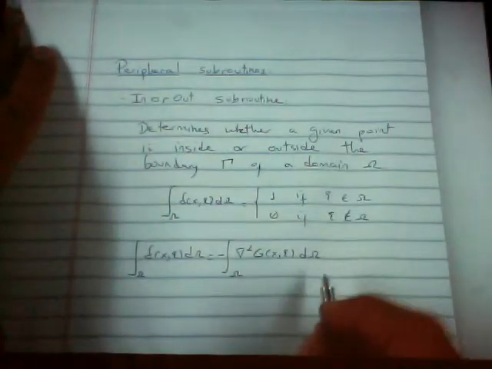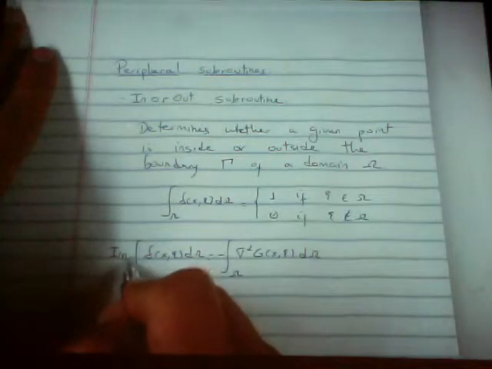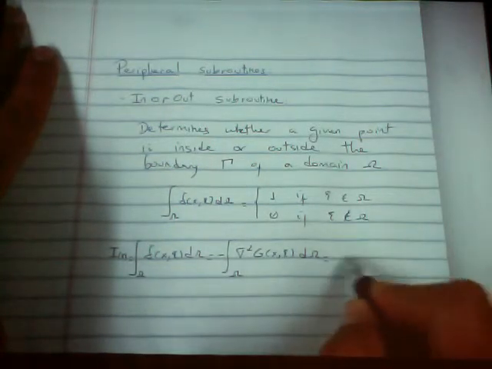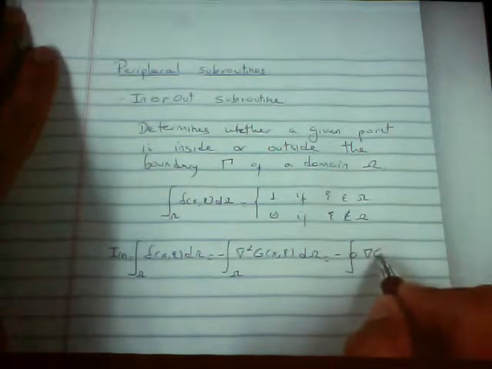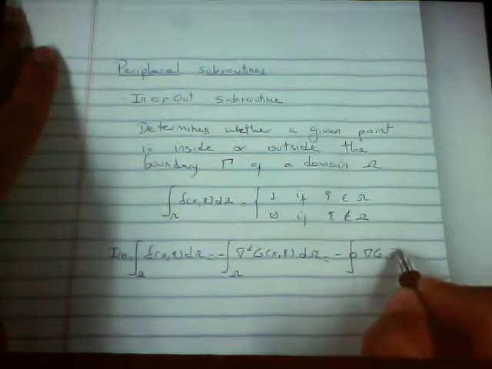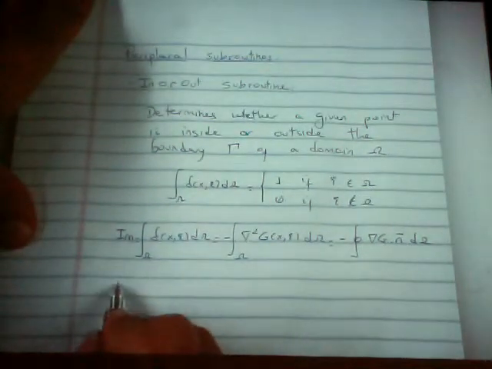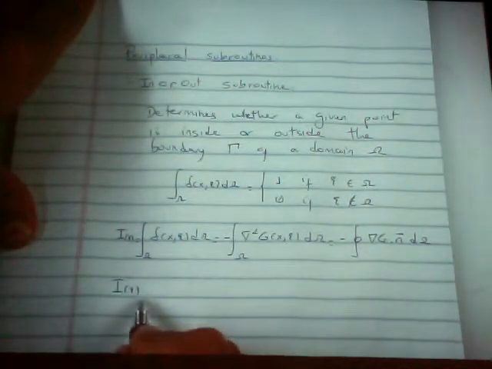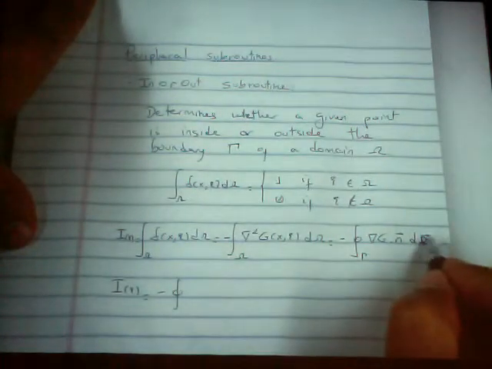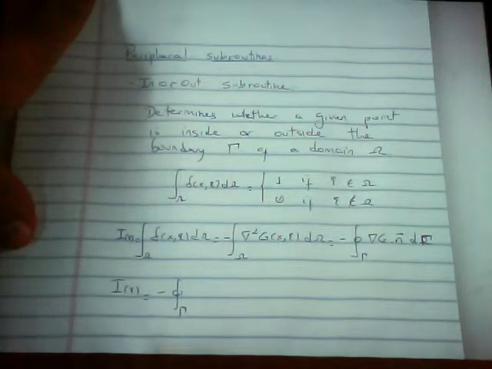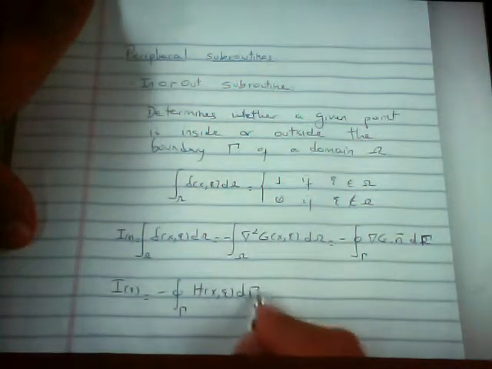Applying Gauss' theorem, I of psi is equal to this, which is equal to minus the integral around the contour, the boundary, of h of x and xi dxi.